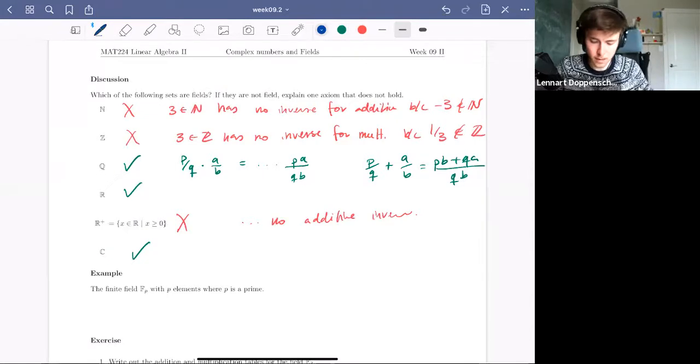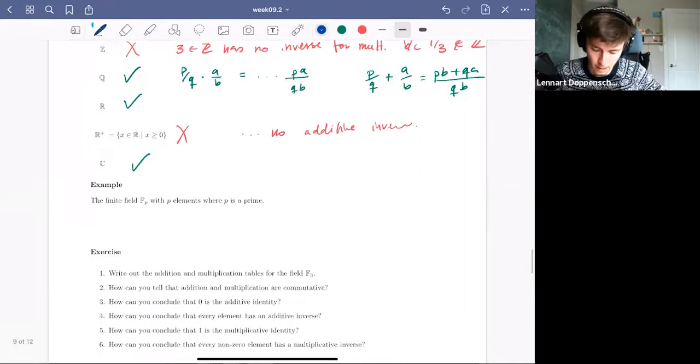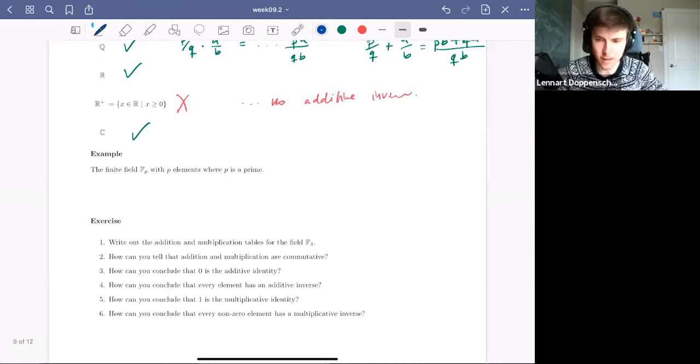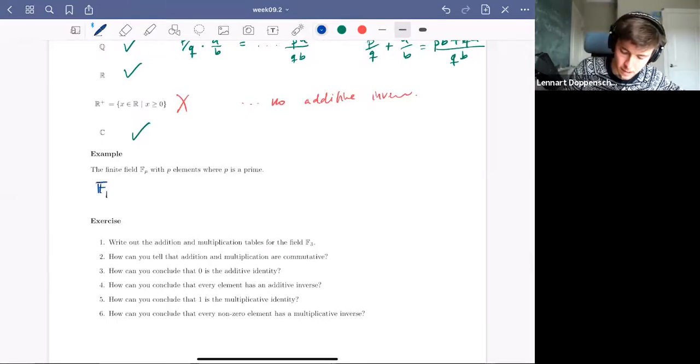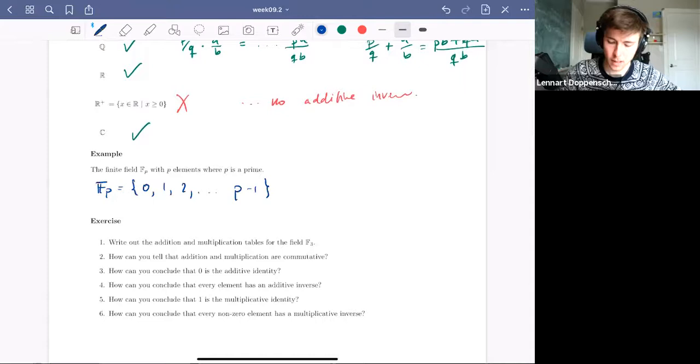Okay, so before time runs out, I want to give you one example of another field that usually we don't use that much. And this is the finite field with p elements, where p is a prime. So in this case, this means that F_p, we usually start with 0, 1, 2, and so on, and then we go up to p minus 1. So it's the elements 0 to p minus 1.